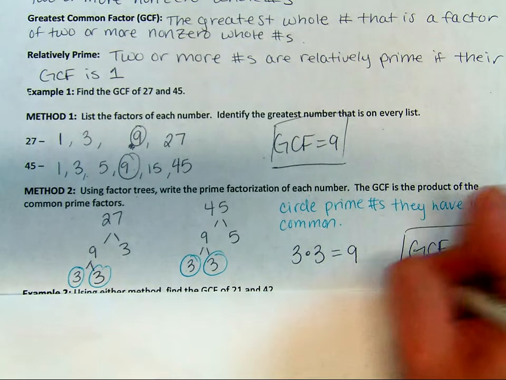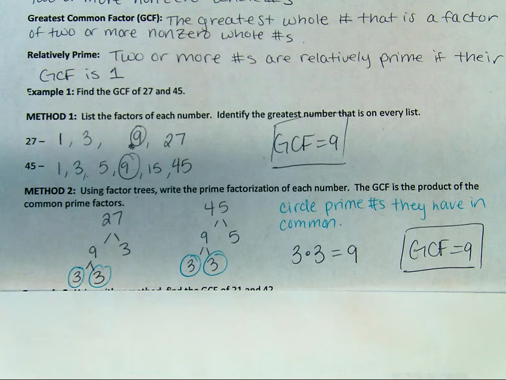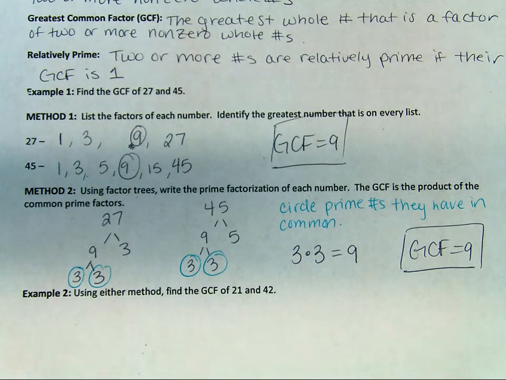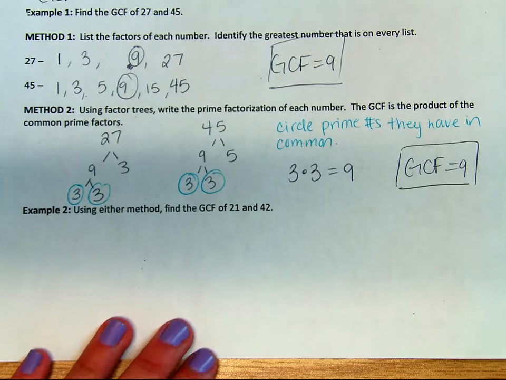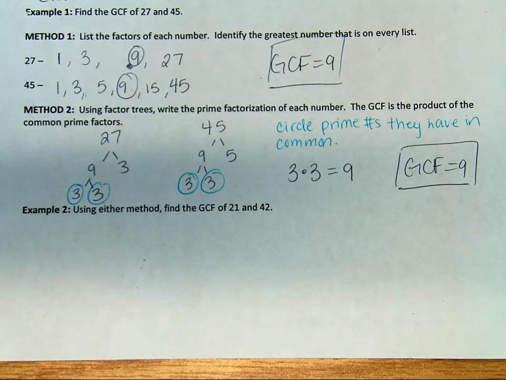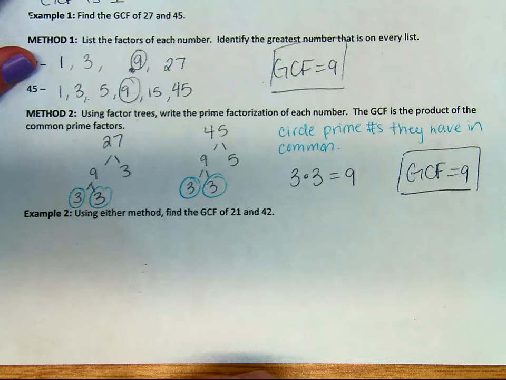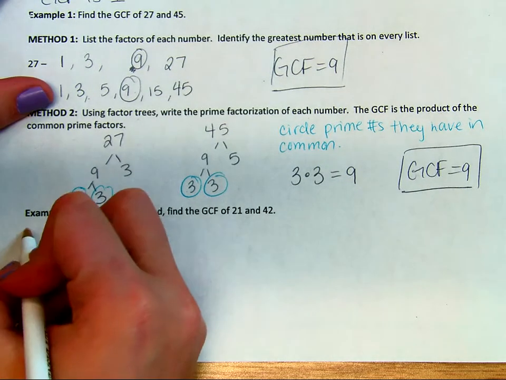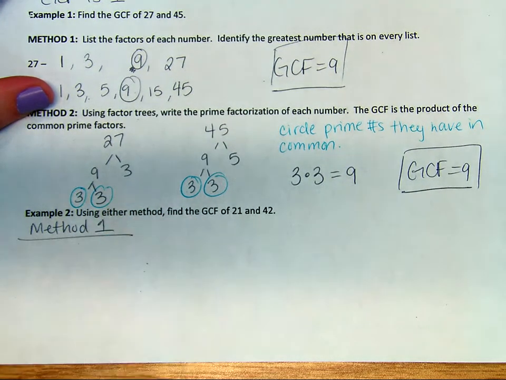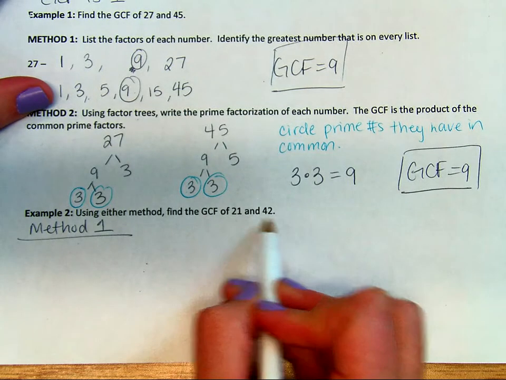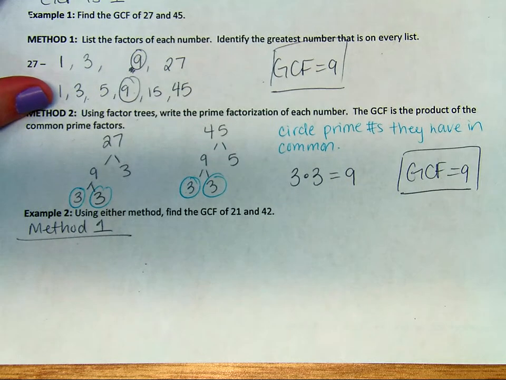Okay, that was method number 2. For example 2, I'm going to use either method to find the GCF of 21 and 42. I will show both so you can pick which one you like better. Here's method 1: list out all the factors of both and then pick whatever factor is highest that they have in common.